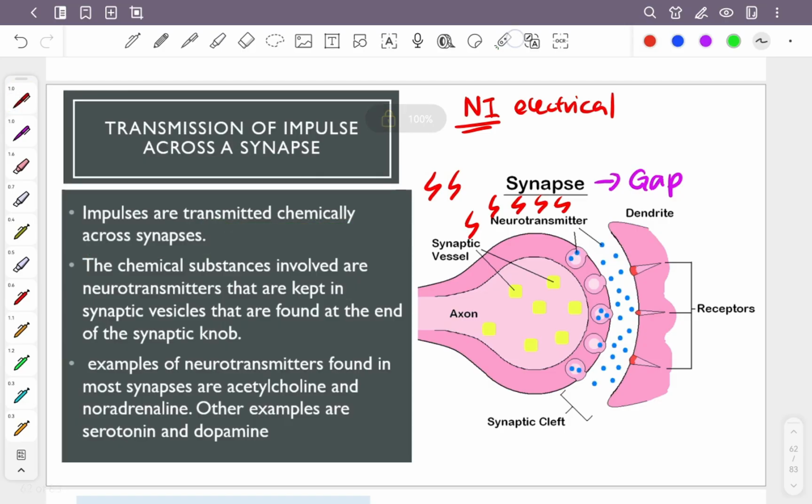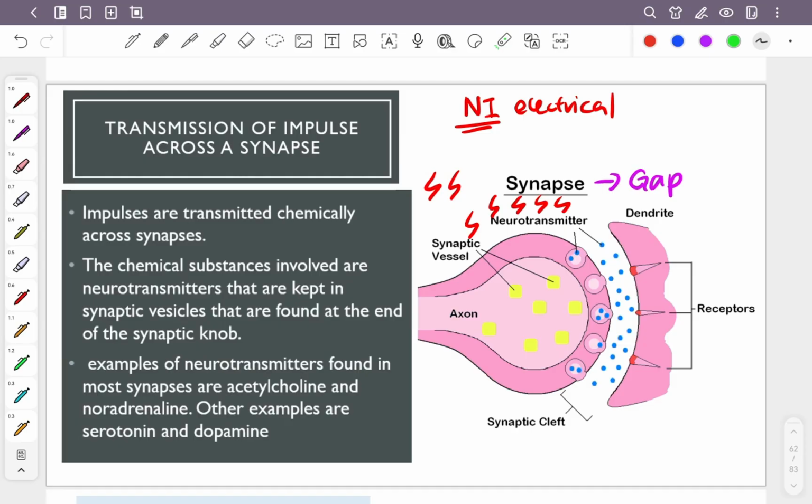We said electrical, but once it reaches the synapse, it cannot pass through, so it needs to become chemical. The chemical substances involved are neurotransmitters. They are kept in the synaptic vesicles, found at the end of the synaptic node.